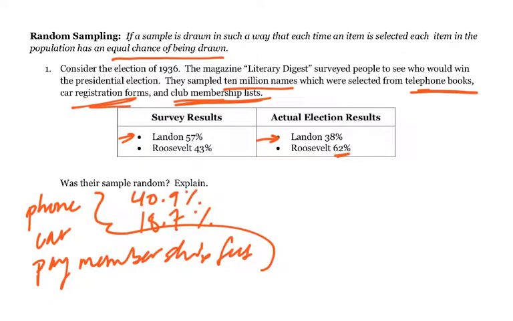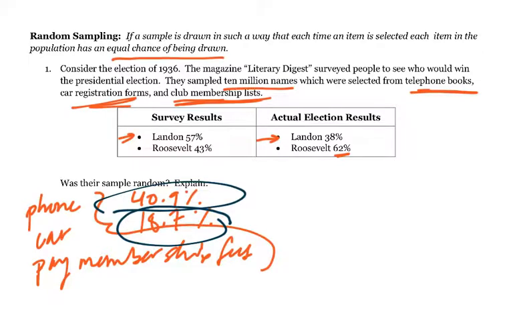I did a little checking up on some statistics, and found that only 40.9% of Americans in the 1930s owned a phone, and only about 18.7% of Americans in 1936 owned a vehicle. Now that could be family vehicles, so perhaps they might have been surveyed, but that's a very low percentage of people.